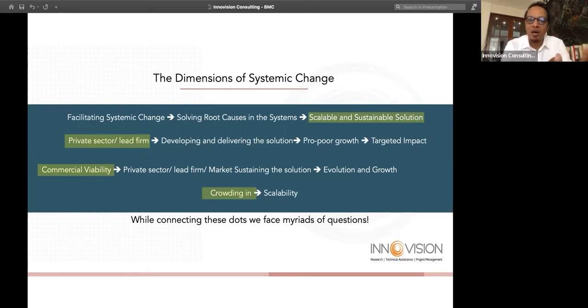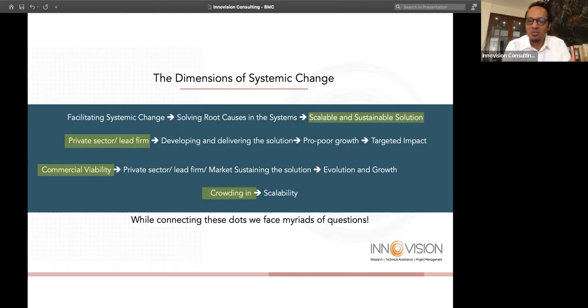I will use intervention and solution interchangeably in this presentation. So when we are promoting a solution, we are interested in the commercial viability of the solution, because we assume that if it is viable, then the private sector, the lead firm, and the market will sustain the solution, and that will lead to evolution and growth.